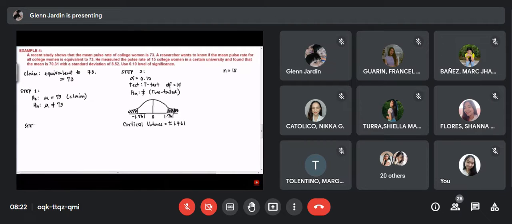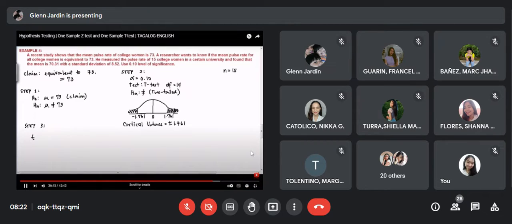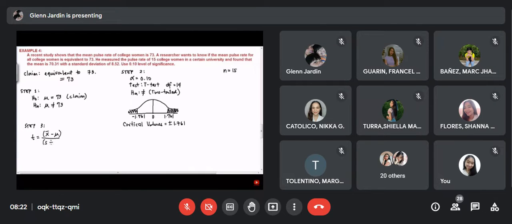Okay? Step 3 is to solve. So, t value to. x minus mu over standard dev divided by square root of n. So, n natin 15, mu natin 73, ang standard deviation natin is 8.52, at ang ating x ay 70.31. Salpak lang sa calcu.